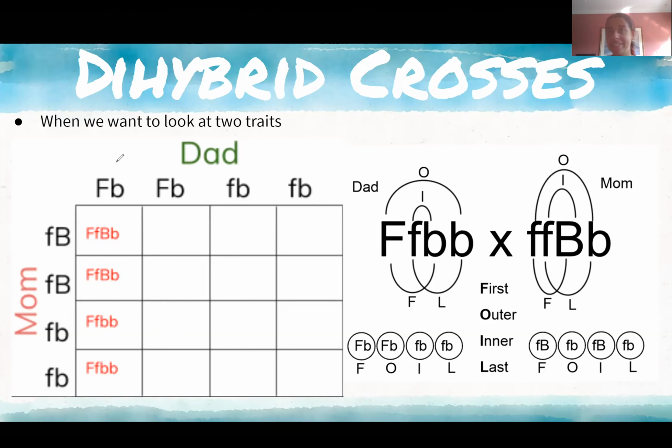Then you do the exact same thing for our other crosses. For this box, we have this column intersecting with this row. So you would take the F from this column and the F from this row from mom, and same thing with the B's to get the cross. And since this is the same exact column, we're just going to write the same exact thing.